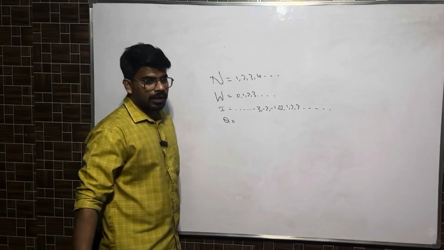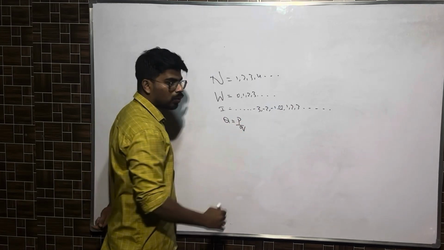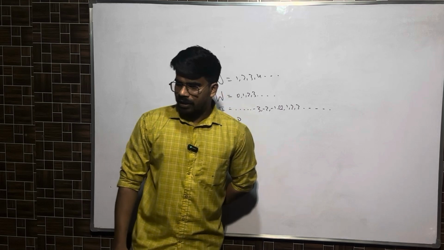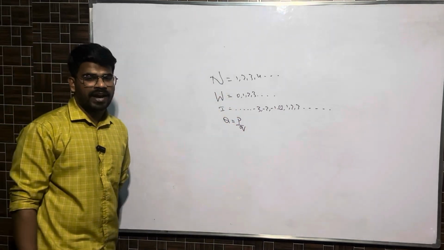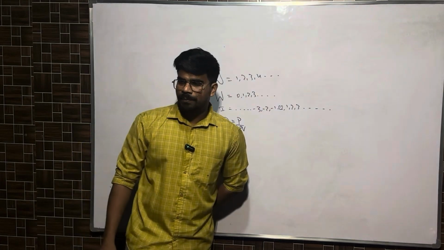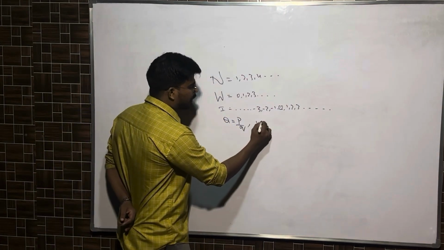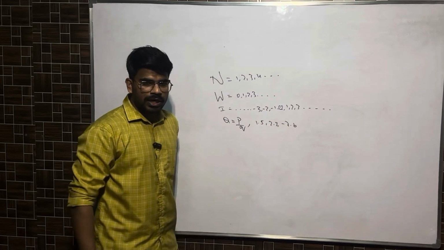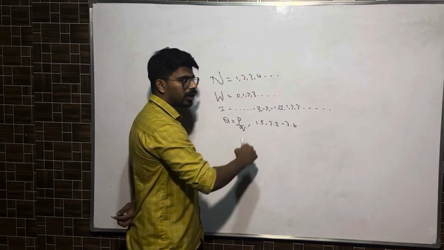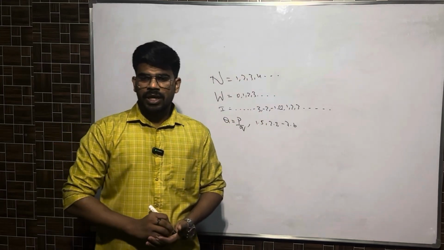Any number which can be written in the form of p by q, numerator by denominator, like a fraction, is called a rational number. Another way of defining rational numbers is decimal numbers, like 1.5, 2.3, minus 7.6. These numbers are also rational. If 1.5 is there, it is not a natural number, not a whole number, not an integer, but it is a rational number.